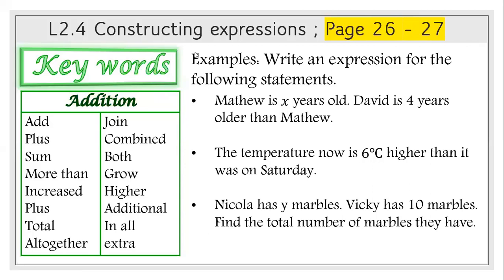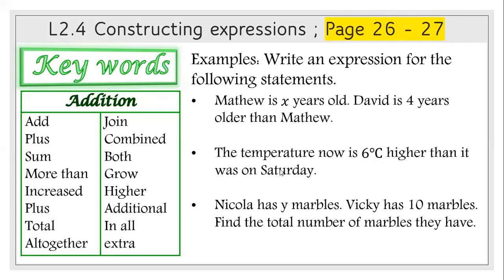Yes. Okay. Hashim, what's your question? Teacher, I didn't understand the second one. The second one? Okay. The temperature now is 6 degrees higher. The word higher indicates what? Addition. Thank you. And higher than what?